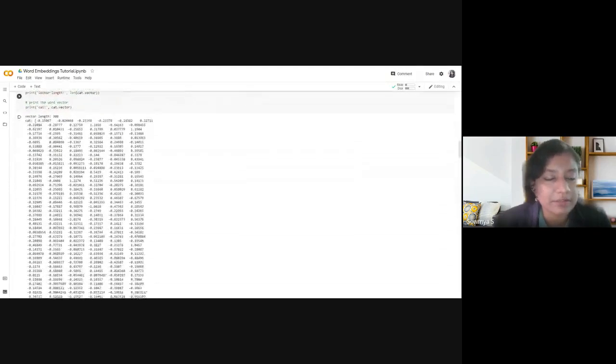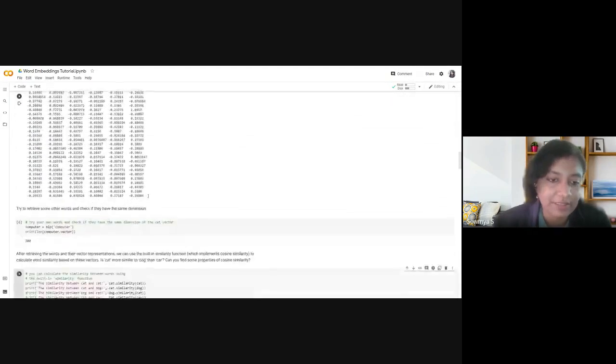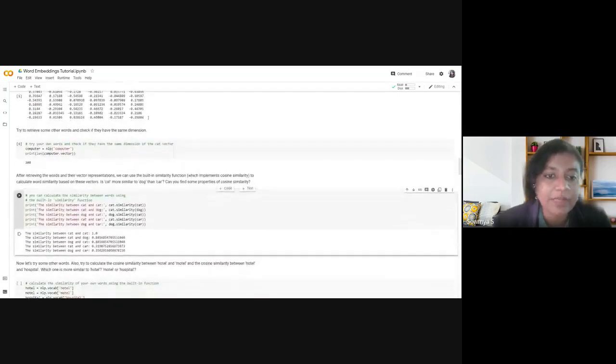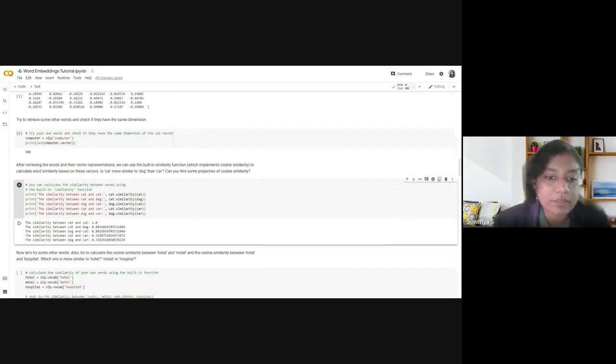So it is going to be symmetric, whether it's cat and dog or dog and cat. And it's going to be between 0 and 1 because we have normalized it. And the similarity between cat and car is much reduced. And these are the interesting and useful features we have for word vectors.